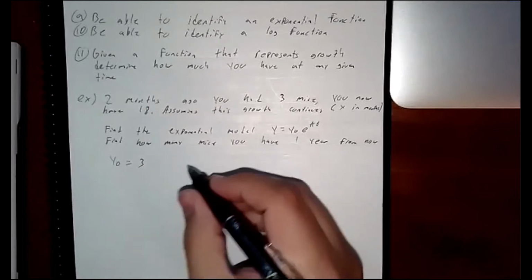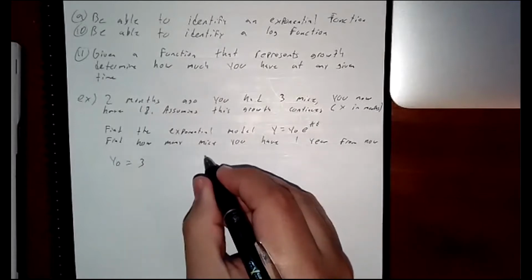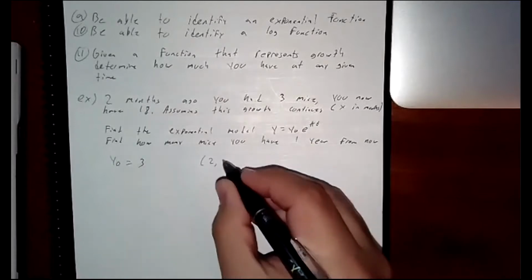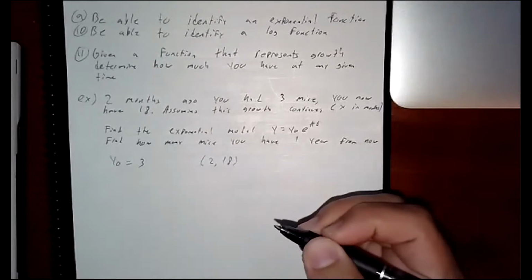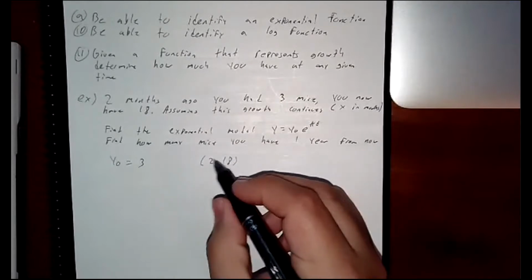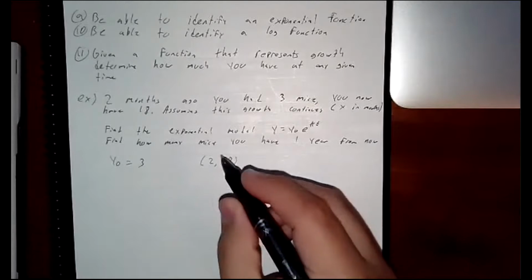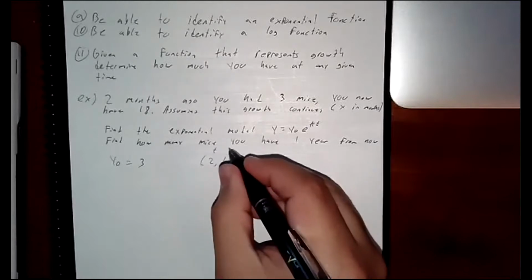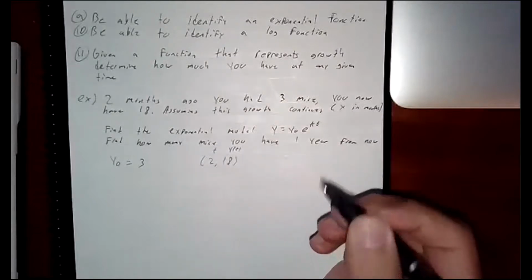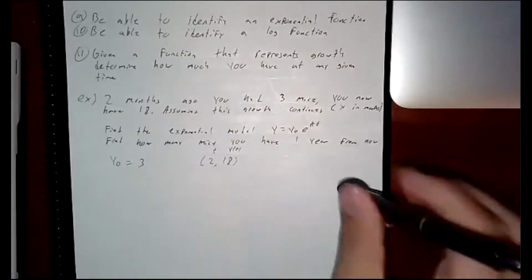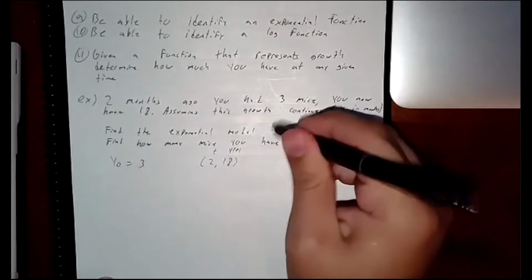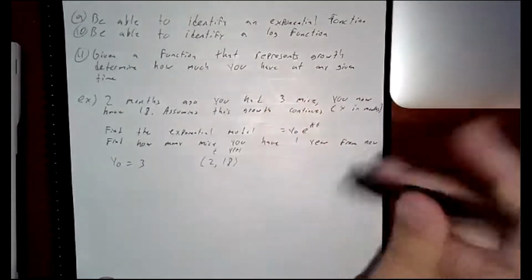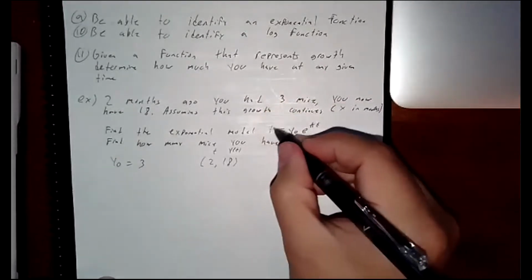And then they said 2 months later, you had 18 mice. So that is a point, right? Where it's t and y of t. If it's written as a function, let's just go ahead and do that because we do more function stuff. y of t.